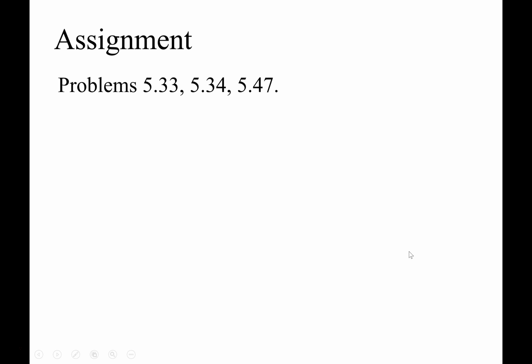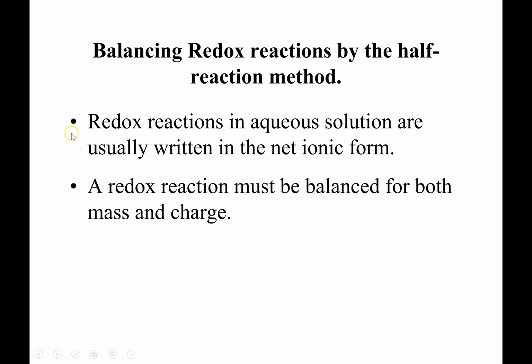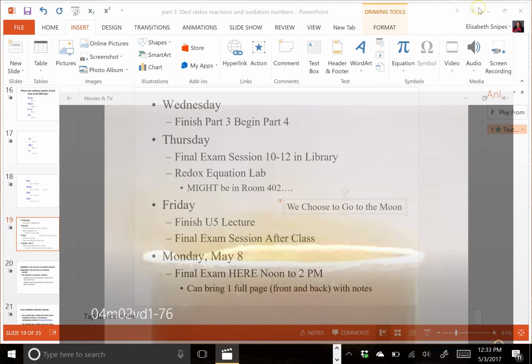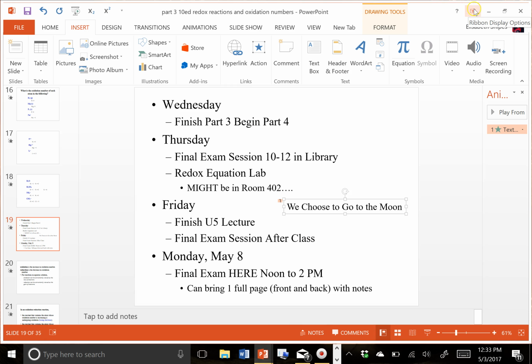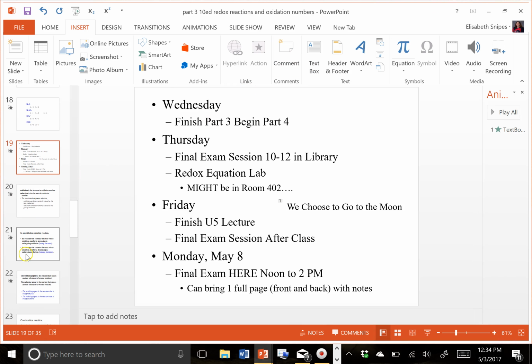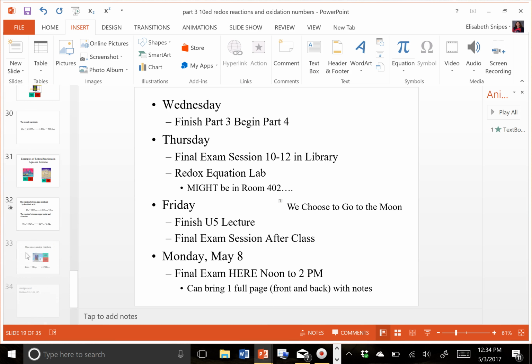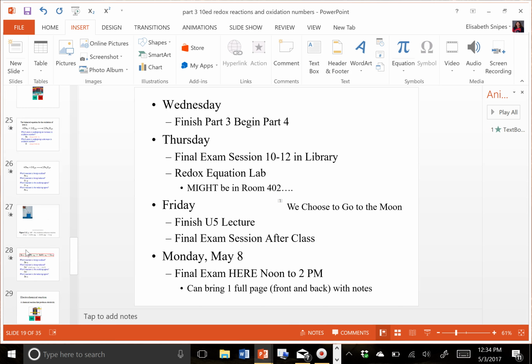So let's take a look at, oh, I know how to do this. Let's take a look at the next part. Could we go back so we can write that stuff down? Which stuff? Problems? No, balancing the redox reactions by the half-reaction method. That was the last slide for that part.